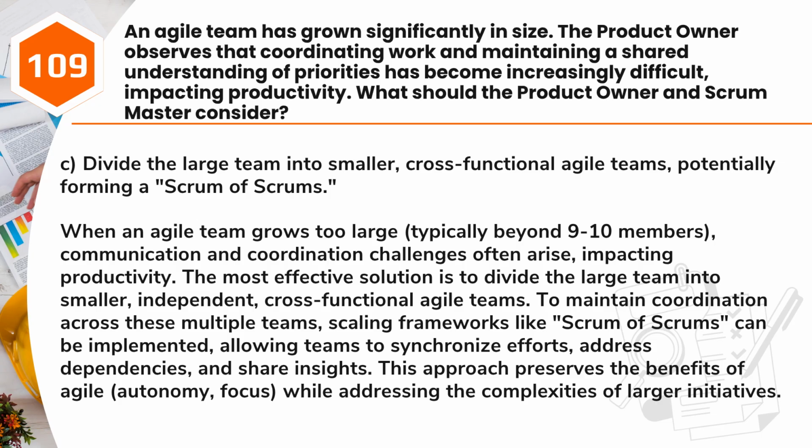To maintain coordination across these multiple teams, scaling frameworks like Scrum of Scrums can be implemented, allowing teams to synchronize efforts, address dependencies, and share insights. This approach preserves the benefits of Agile, autonomy, focus, while addressing the complexities of larger initiatives.